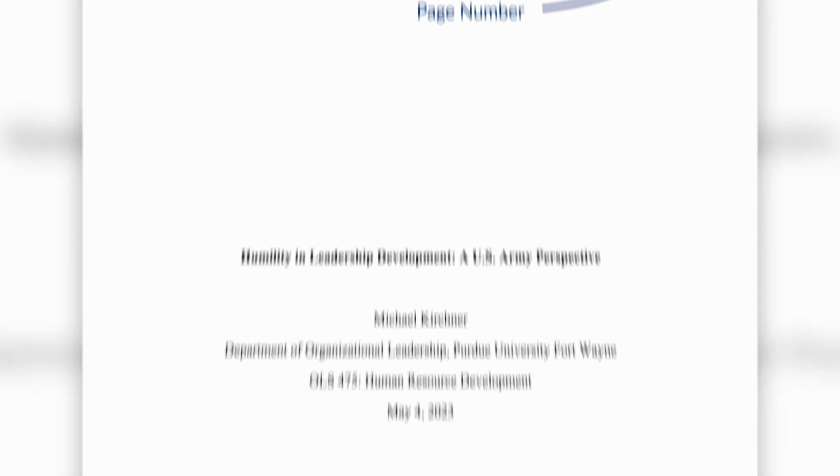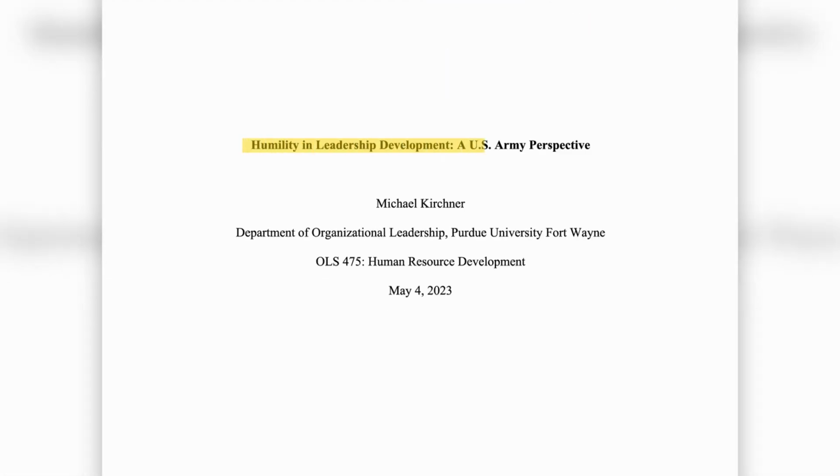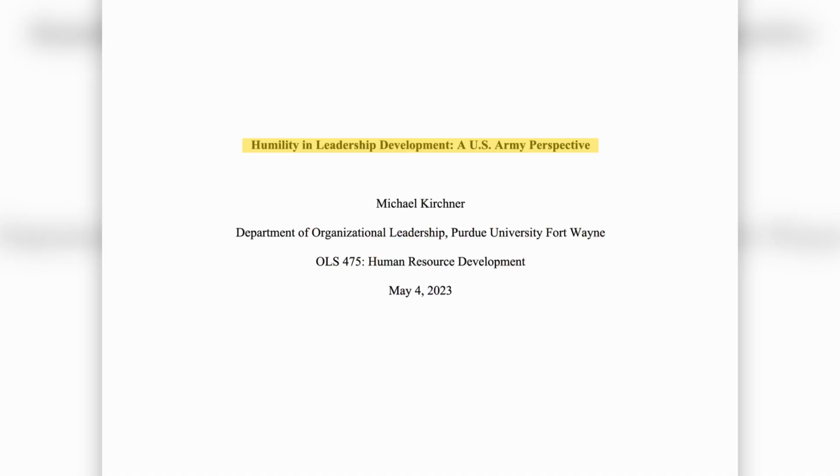We can see from the example, not every word is capitalized, but generally the most important words are going to be capitalized. We tab down, and that's where we get into our own name, our affiliation, the course, the professor, and the date. These are all the requirements of the title page in a student paper.